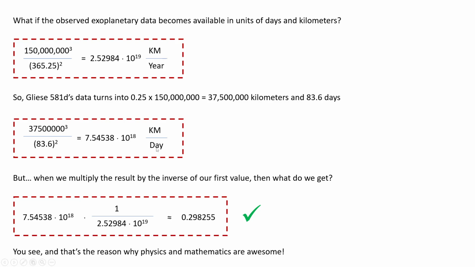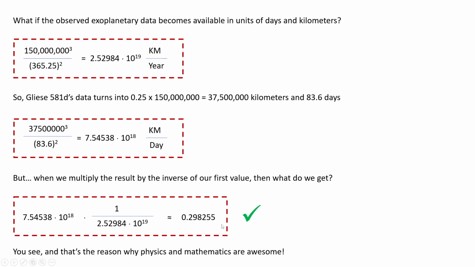So here comes the trick. You've got this number in kilometers per day, and you need kilometers per year, so you multiply by the inverse of that number. And guess what?